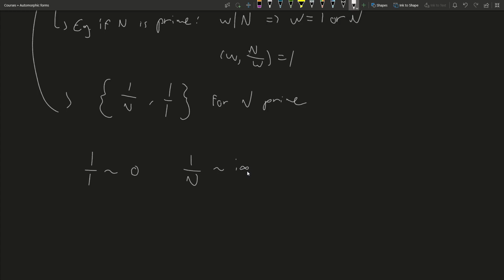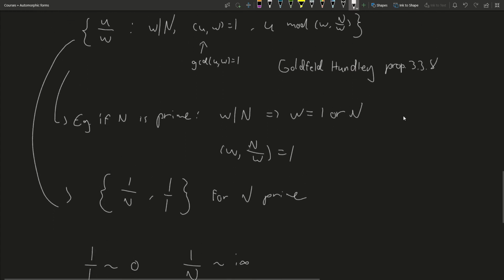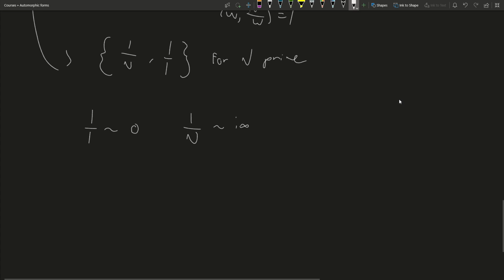And here what equivalence means is explained here. Maybe when it comes up later we can talk about it then, but it's not so important for now.